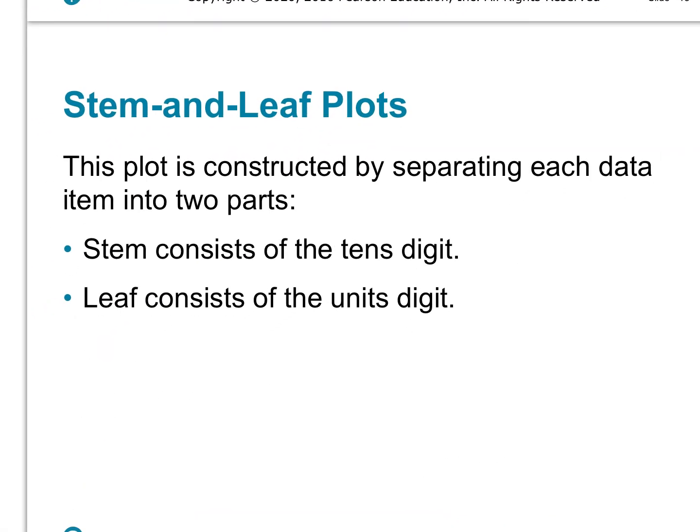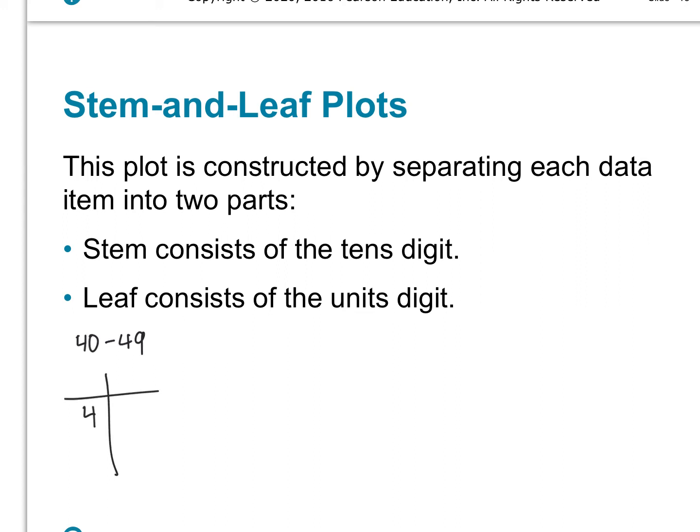All right, stem and leaf plots. This plot is constructed by separating each data item into 2 parts. So the stem consists of the tens digits, and your leaf consists of the units digits. So like we had before, your scores. From 40 to 49, in your stem and leaf plot, you would do 4.